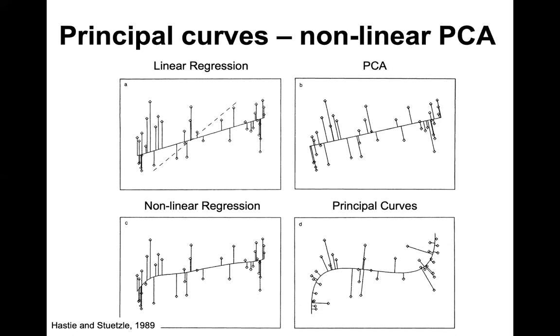And I want to point out that this way of talking about orthogonal distances is a similar way to talk about PCA. So regression along the y-axis, PCA orthogonal to the line. Orthogonal just meaning at right angles. So there's also nonlinear regression. And one of the ways that nonlinear regression works is saying, what if I just want to locally fit lines?